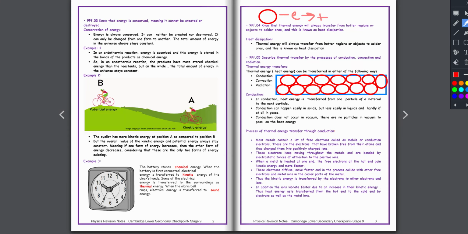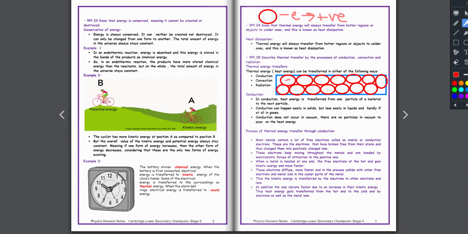So in any metal strip, you will find a large number of free or mobile electrons because these electrons have broken free from their atoms. So these electrons jump away from the atoms and they change these atoms into positive ions.